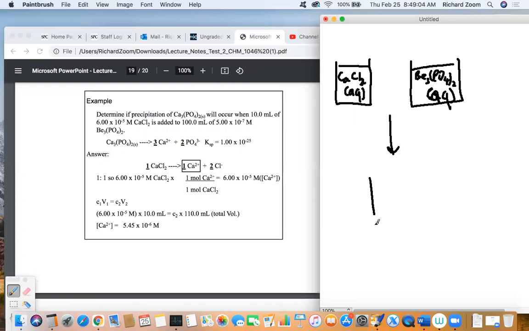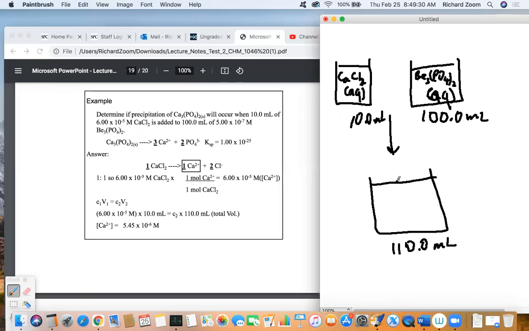These things get added together, and you know that's going to be a certain volume. Let's make it real. We'll say 10.0 mL. This is 100.0 mL, I think, yes. And the solution here is 110.0 mL. So you can see that the volume is changing.